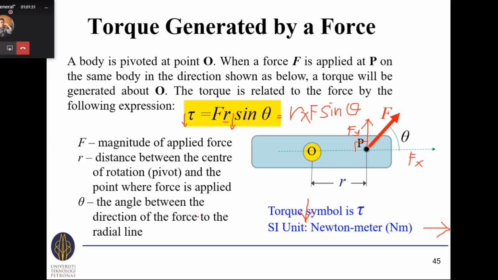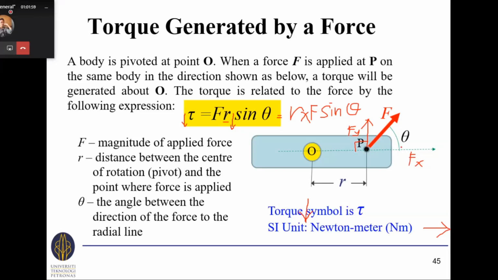So in this case, let's say the pivot is here at O, and this is where you exert the force. When you exert the force here, you can see that there are two components, because F comes at a certain angle.